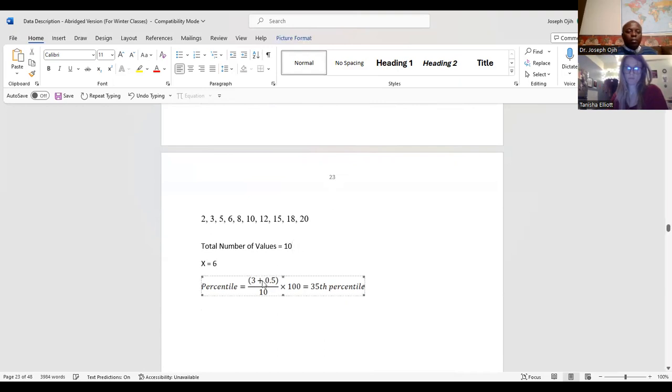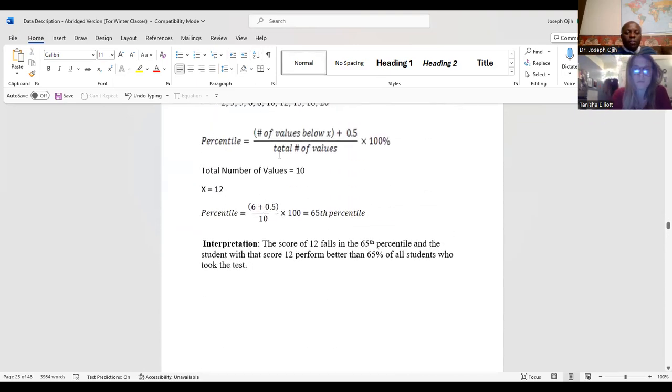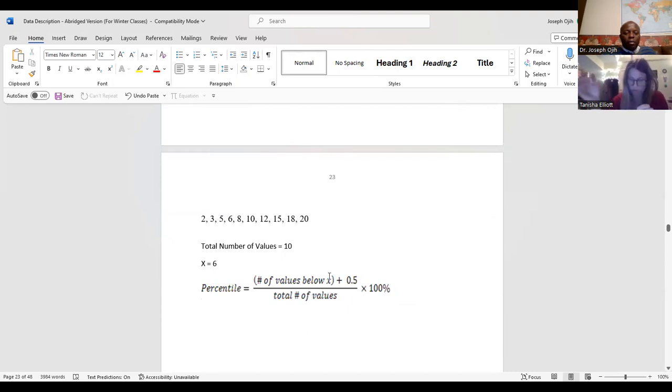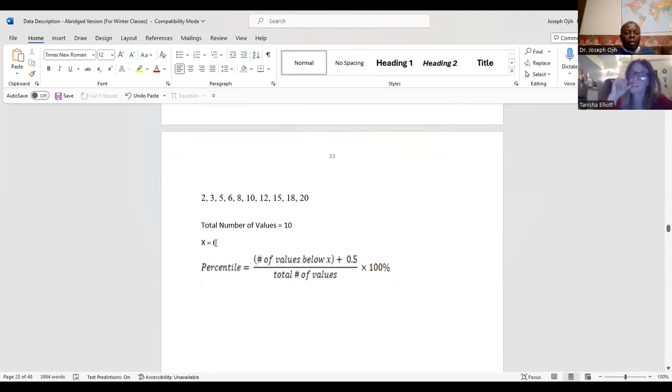The formula says to find the number of values below that X. How many scores are below 6? 1, 2, only 3 of them. So that's what you're going to use. I'll go here and put 3 instead of 6.